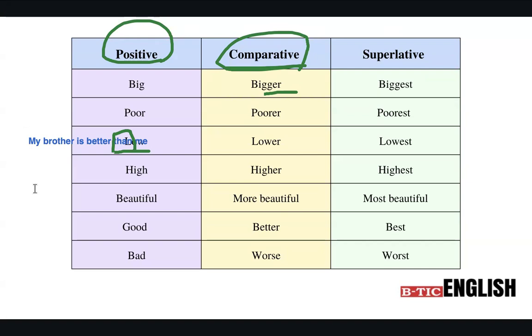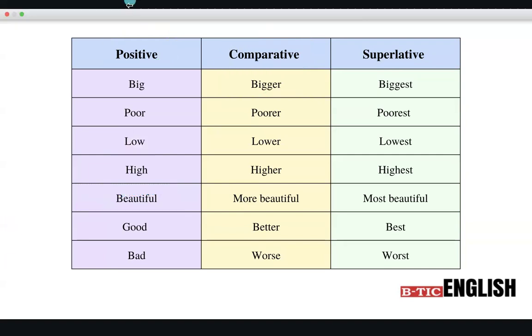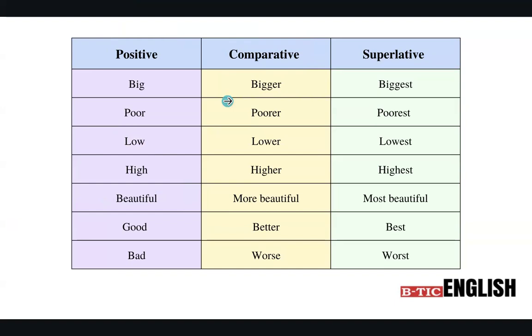For example, you can say my brother is the biggest in the class. So out of all the students in the class, your brother is the biggest. Understand? You can say company A is the poorest out of all. Did you get it, Abdullah? Did you understand positive, comparative, superlative?